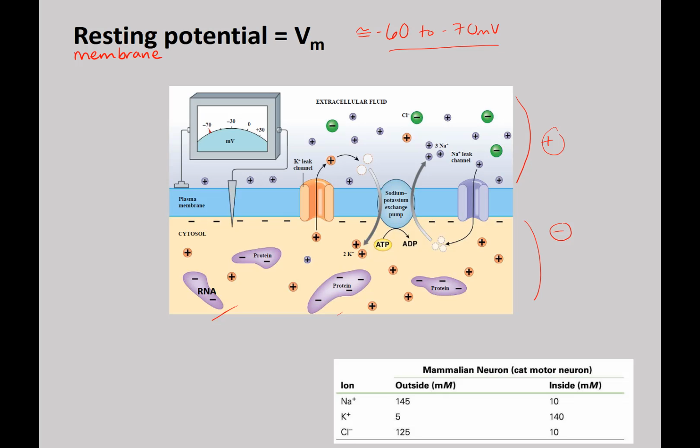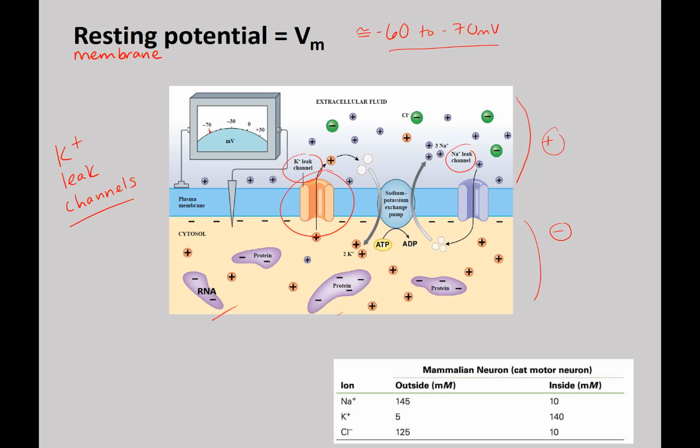So what maintains the resting potential in a cell? Well, by far the biggest influence is the potassium leak channels. Potassium leak channels, or any kind of leak channel, because we have some sodium leak channels over here, are channels that are continuously open.